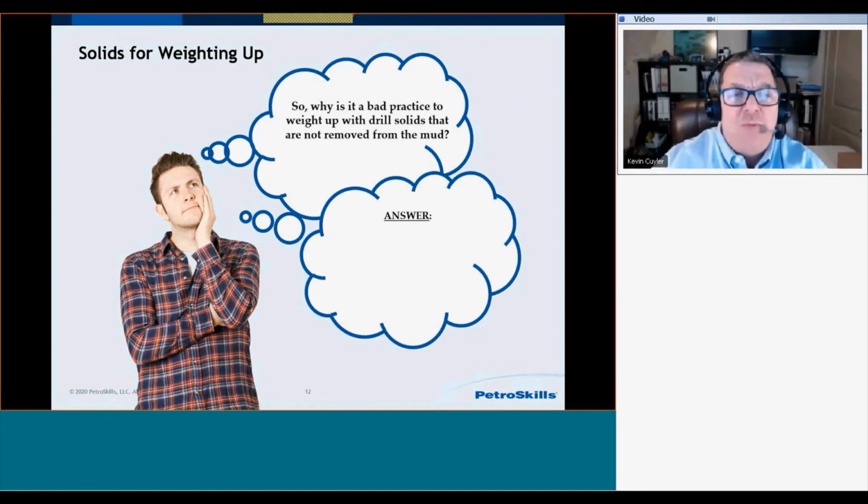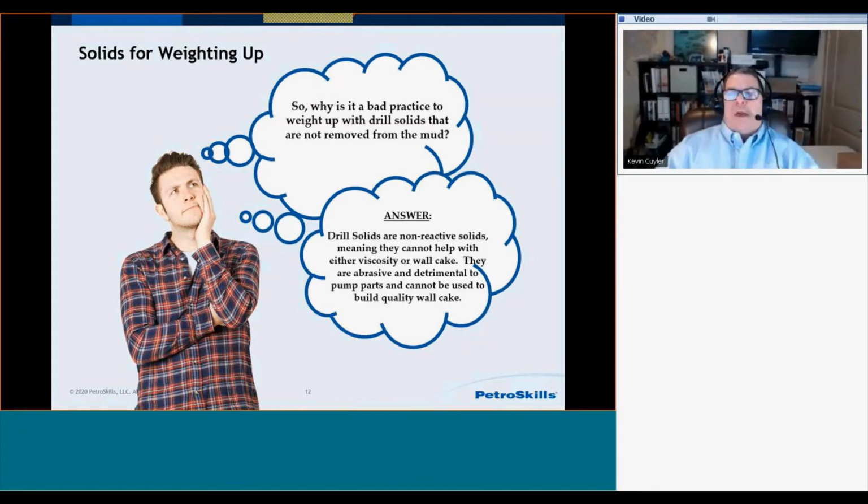You want to remove the drill solids out of the mud system at the soonest available opportunity. Remember, as I said before, they are non-reactive. They don't help build wall cake. They don't help with viscosity. They don't help with gel strengths. They're not uniform as we think about a commercial solid, and thus they are very abrasive and they destroy pump parts.